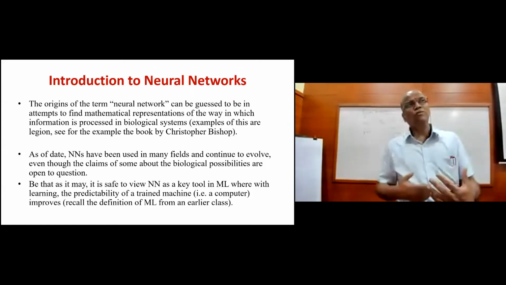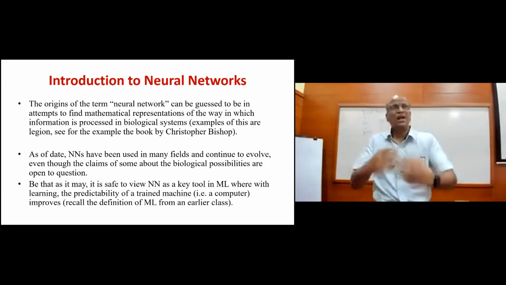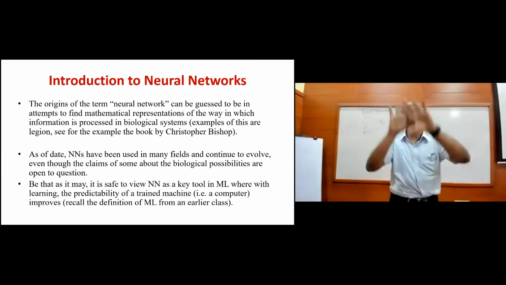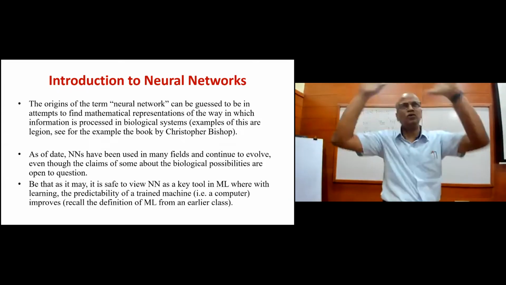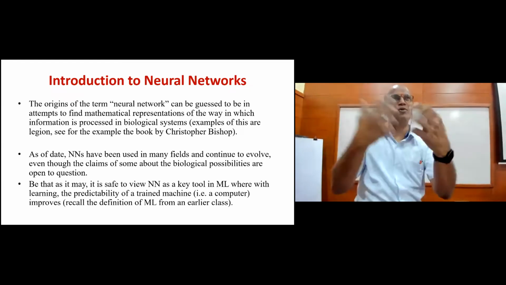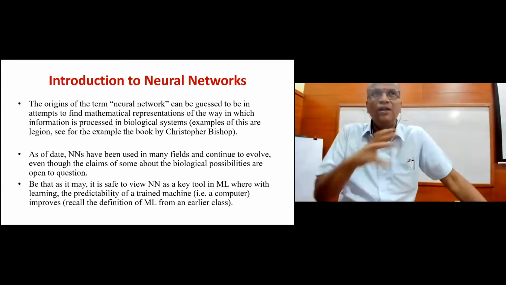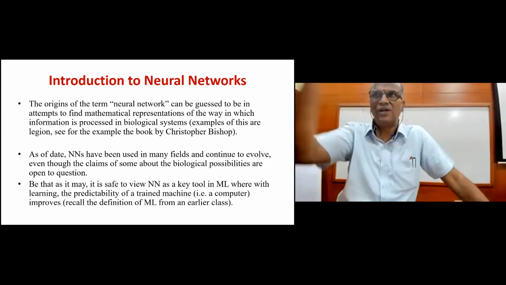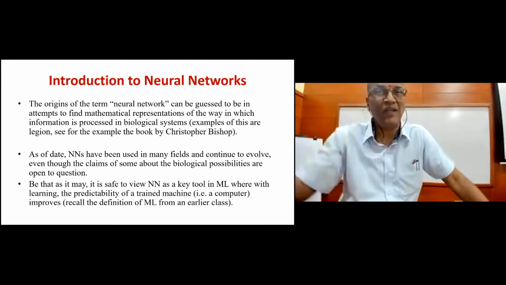How do biological systems process information? I keep giving this example of us crossing the road. If you are able to come up with an architecture, a mathematical construct, and then exploit the relationship and use your math to crack this problem, this is the inspiration. So you look at the biological system and see the way the brain processes.